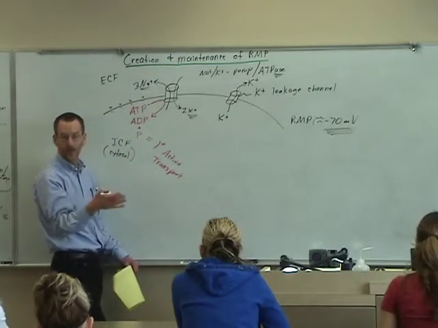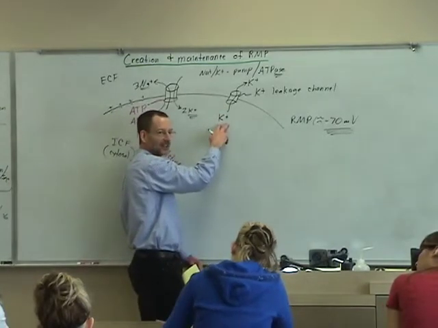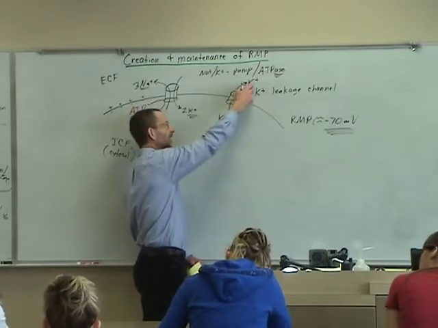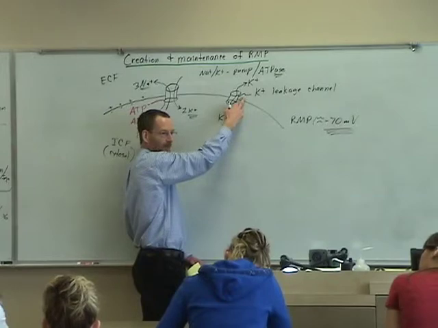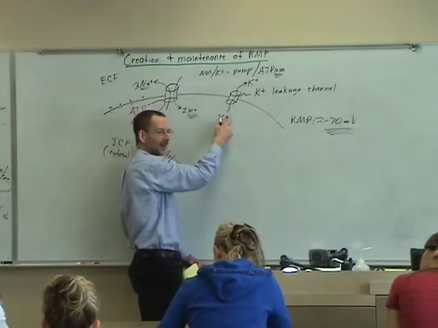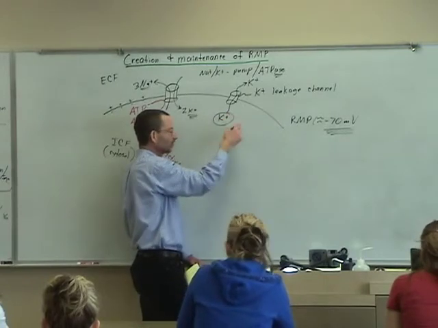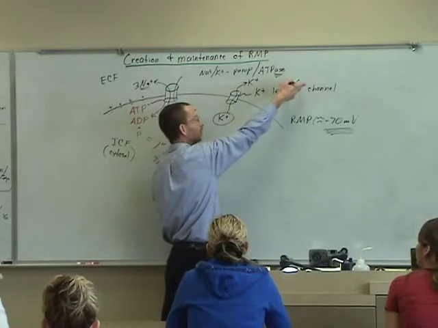That sets up the chemical gradient. So that then the potassium, the other major piece of the story, can leak out through these potassium leakage channels.